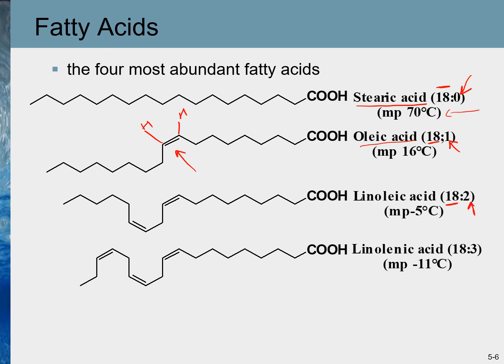And as we can see, more double bonds will result in a lower melting point. These kinds of fatty acids which contain multiple double bonds are known as polyunsaturated fatty acids, and they are considered good for your health.